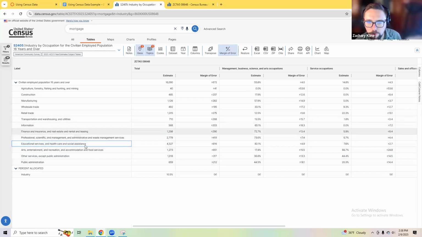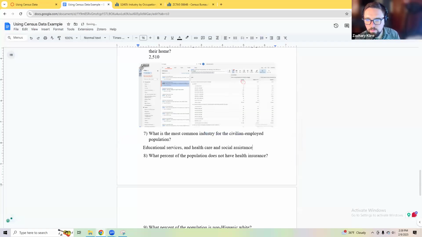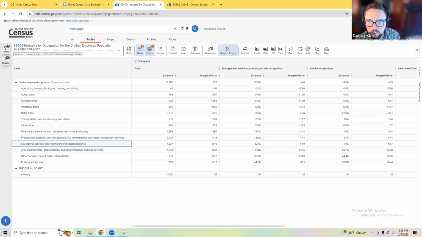There are quite a few colleges and universities right around Lawrenceville: the College of New Jersey, Rider University, Princeton University, and also quite a few hospitals. This is the most common industry. Let's get a screenshot.